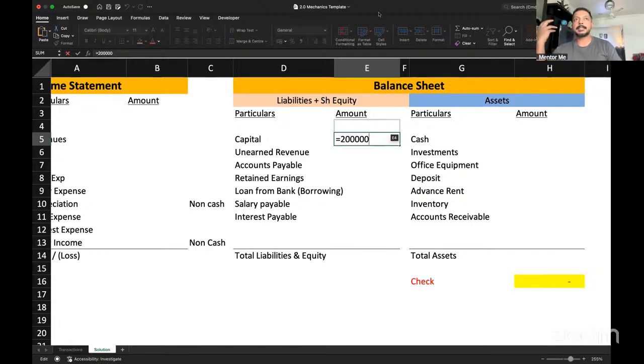If equity has increased by 200,000, what could be the other entry which would make both sides, liabilities plus equity and assets, the same? It has to be the same. You can practice this method actually. Capital has gone up by 200,000. Now both need to come to the same level. So what can happen so that these two become the same?